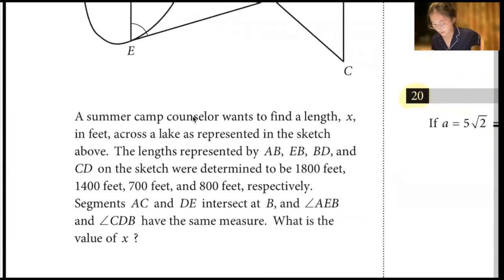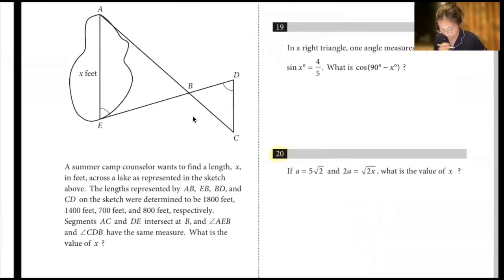A summer camp counselor wants to find a length, x in feet, across the lake as represented in the sketch above. Here's the sketch. The lengths represented by AB, EB, BD, and CD on the sketch were determined to be 1,800 feet, 1,400 feet, 700 feet, and 800 feet, respectively.